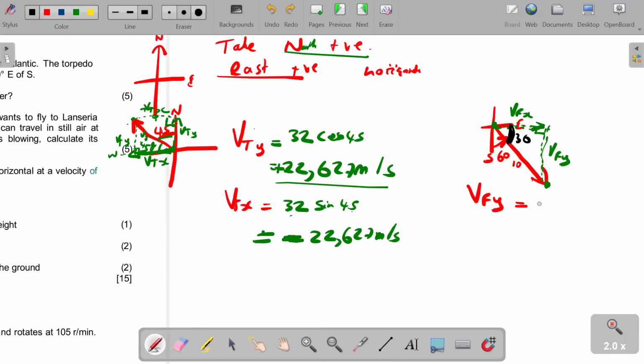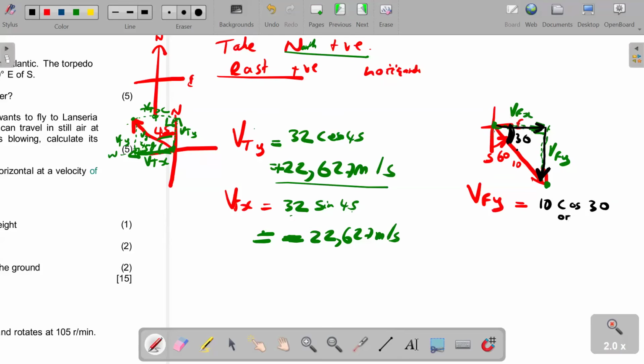VFX, therefore, is going to be given by 10 cos 30. Where is that coming from? It's coming from the fact that this is adjacent and this is the hypotenuse. So the ratio that has adjacent and hypotenuse at the same time is the cosine ratio.